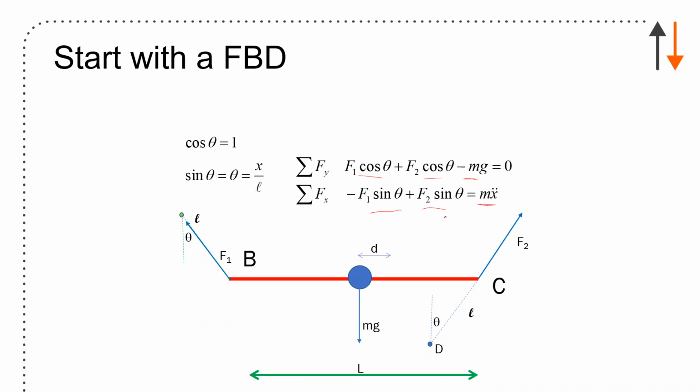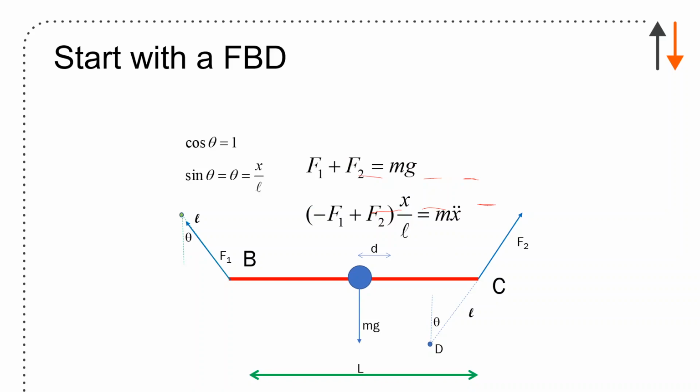We started with that as the problem description, and we know from that that cos theta is going to equal 1. Theta is close to 0, and sine theta is equal to theta. So we don't set it to 0, but we set it to theta, and it's x over L, L being the length of the support rods, not the length BC. So from that we get F1 plus F2 equals mg, and minus F1 plus F2 times x over L equals m x double dot. So we got all the terms there and everything we need.